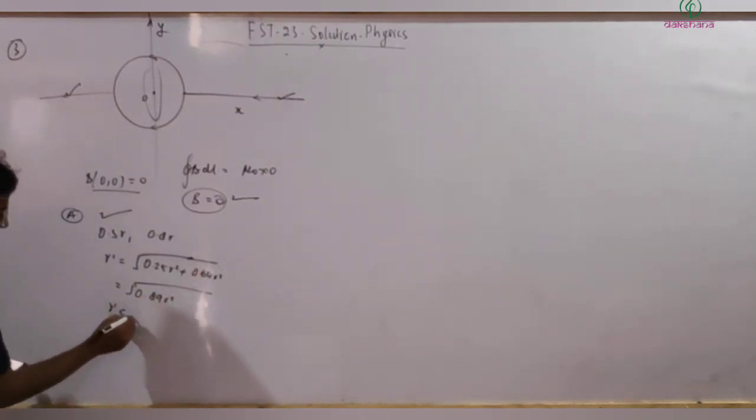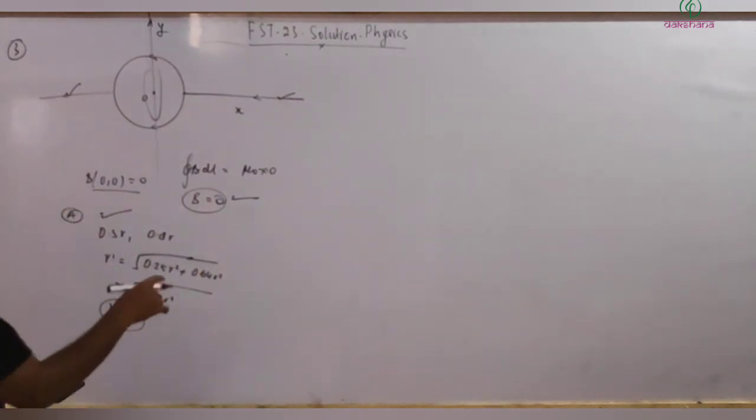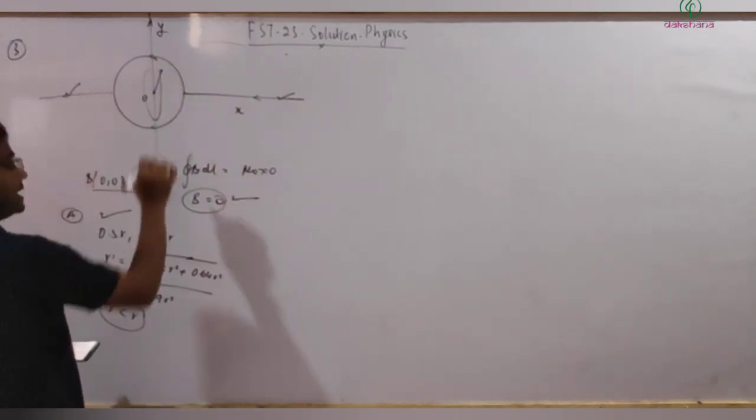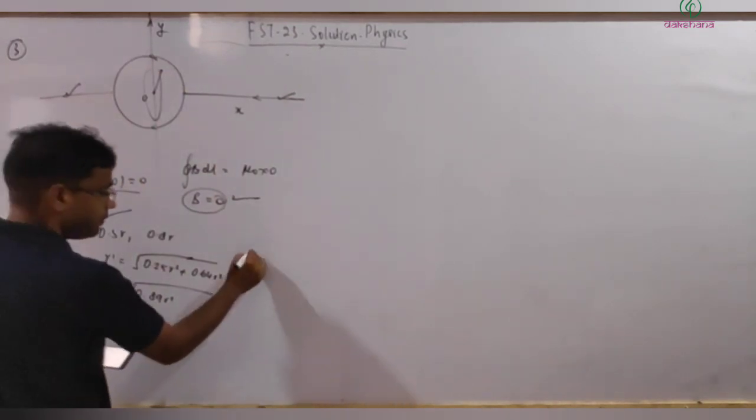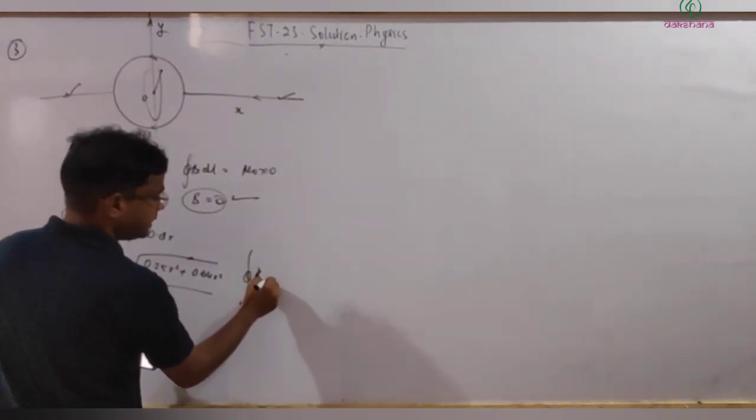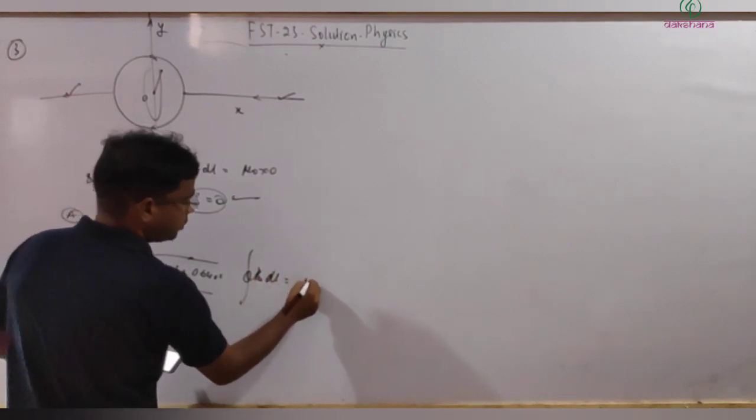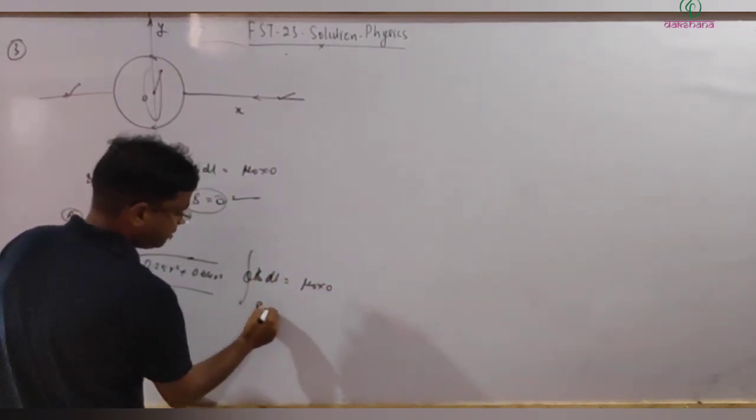So definitely r prime is less than r. That means this point is also lying inside, and for that I can write again by Ampere's law, B dot dl is equal to mu naught times I enclosed, which is 0, so B will be 0.